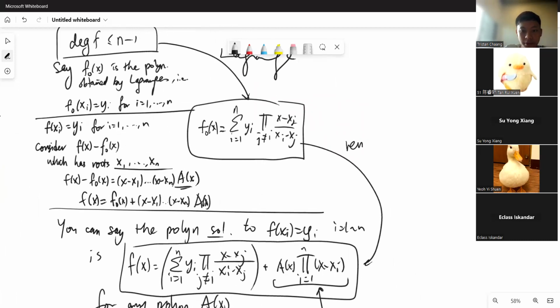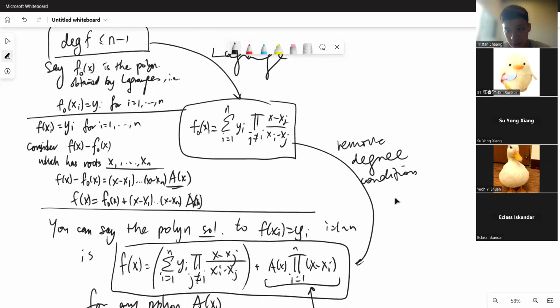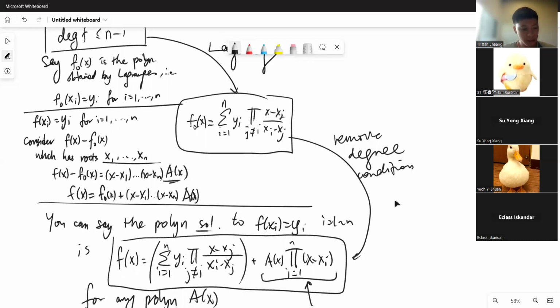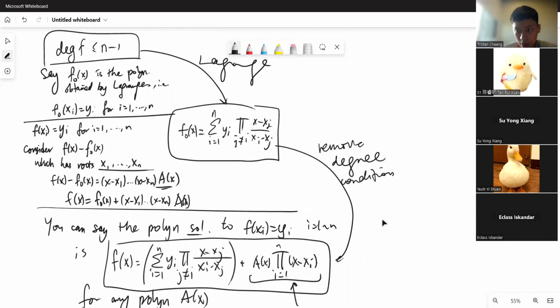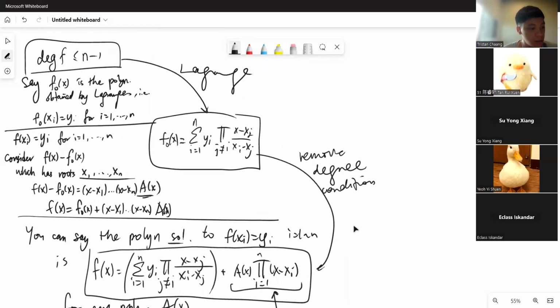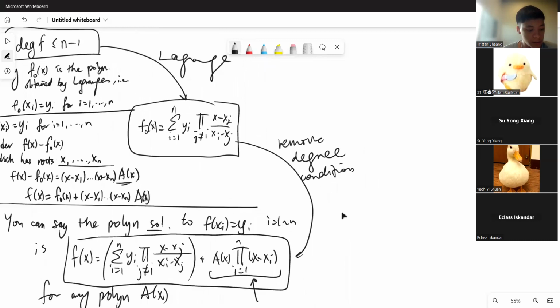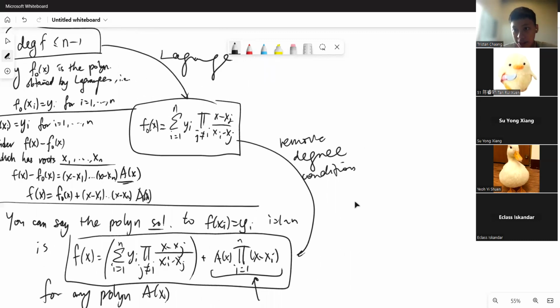So we remove the degree condition. Any other questions?